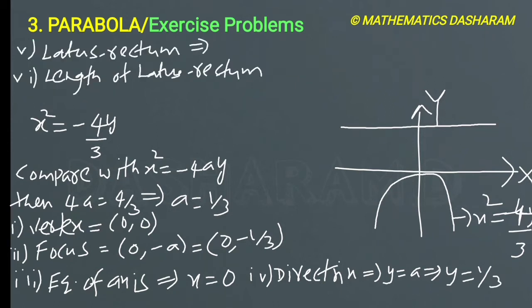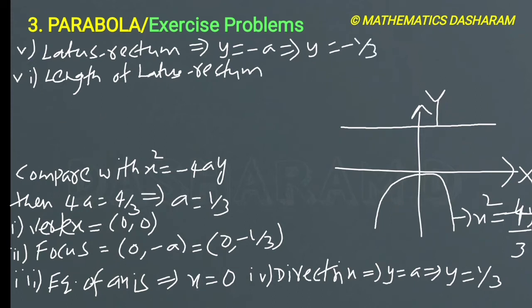Equation of latus rectum, y equals to minus a, so y equals to minus 1 by 3. Next, length of latus rectum, that is 4a, so 4 into a value 1 by 3, so it is 4 by 3.